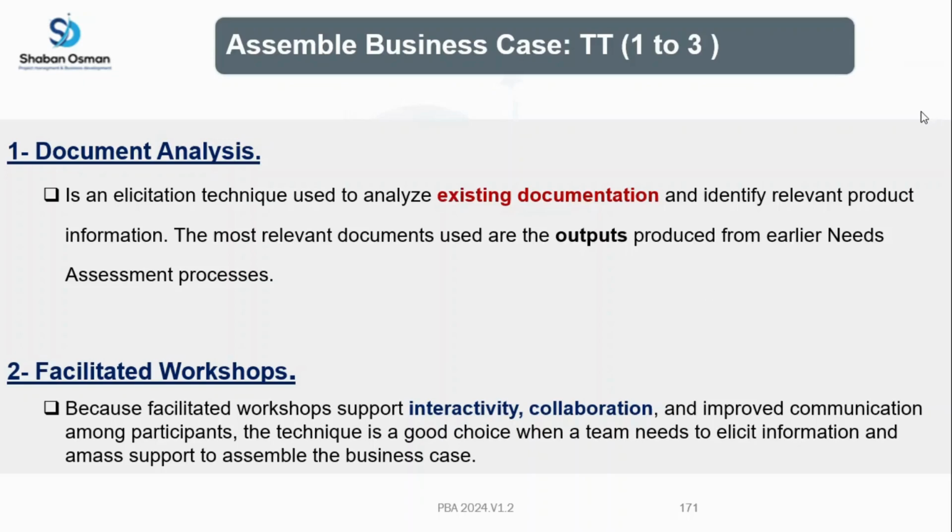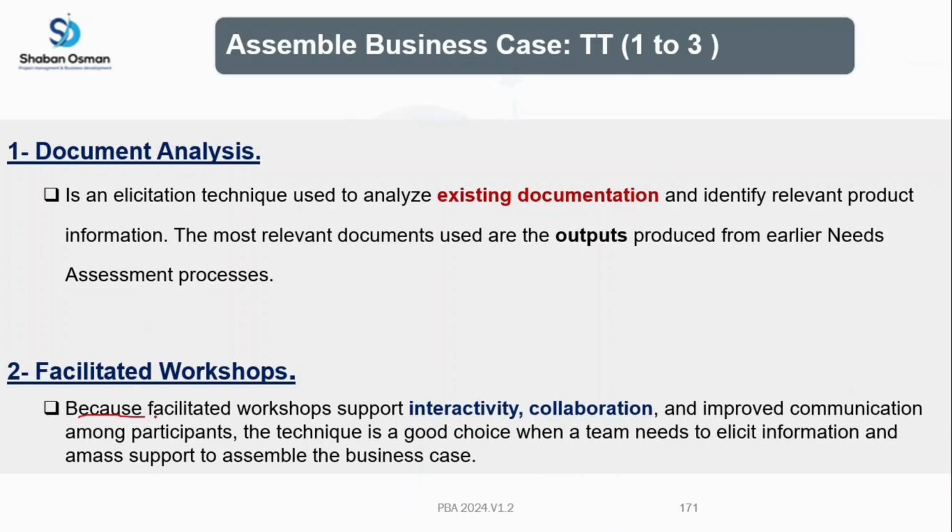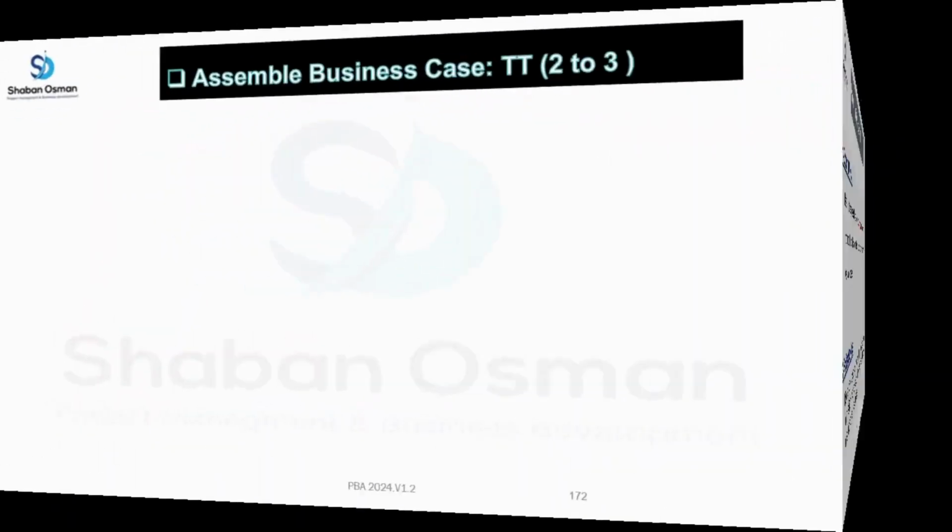It is a technique to facilitate between stakeholders by supporting interaction, collaboration, and improving communication between participants. This technique is a good choice when a team needs to elicit information and support the assembly of the business case from key stakeholders.